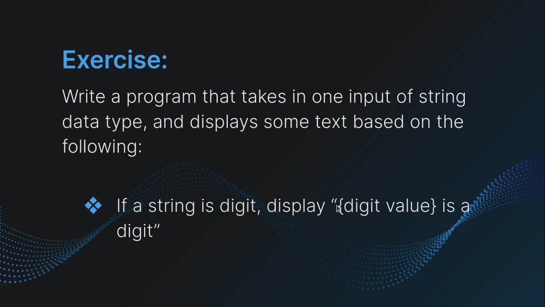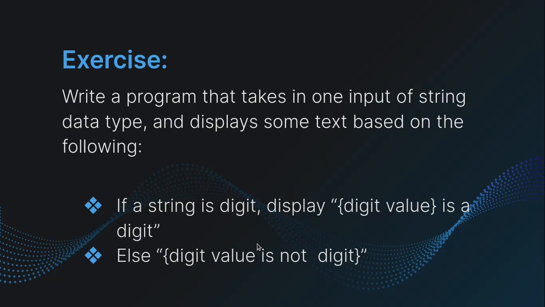So you're going to display the value and the text is a digit. I hope this is not really that confusing. So you're just displaying the value that you get, and then you say that is a digit or not. So if I provide 50, it's going to display 50 is a digit, right? Else digit value is not a digit, right?